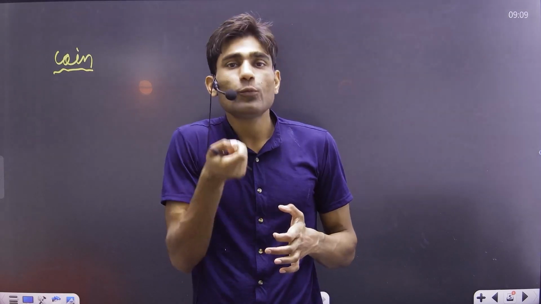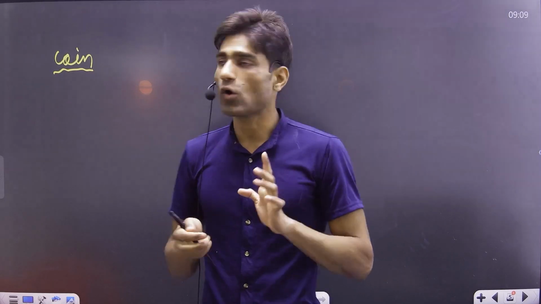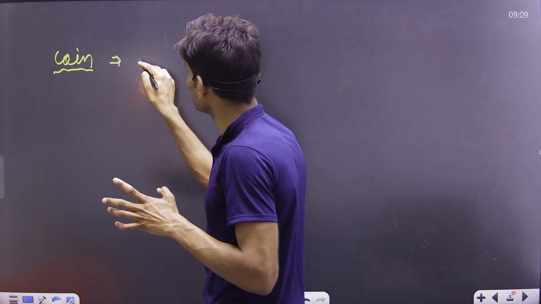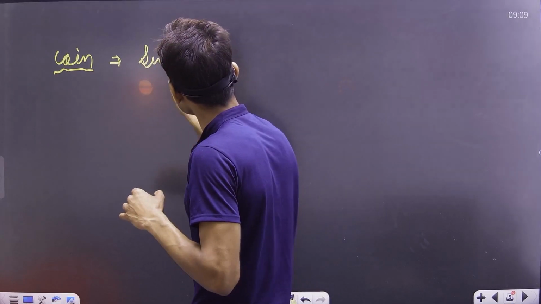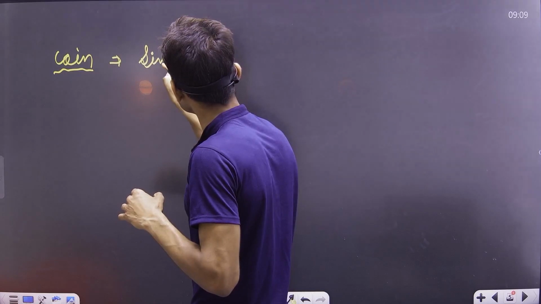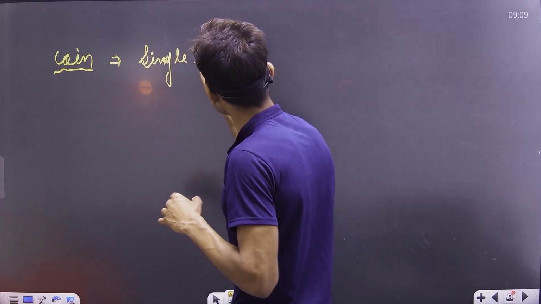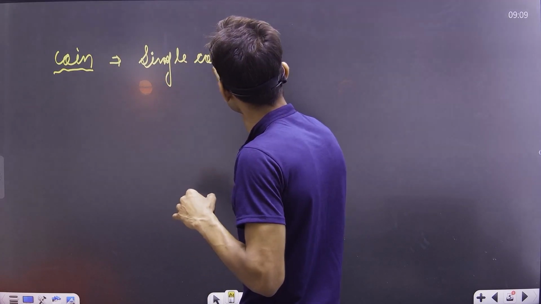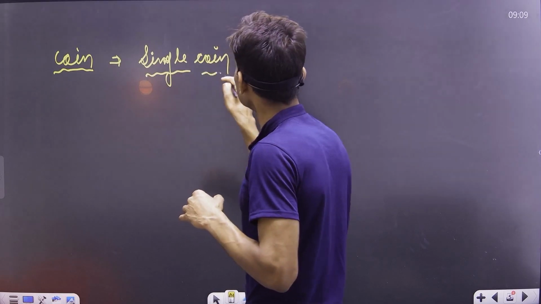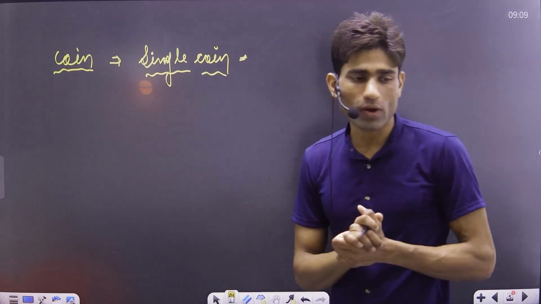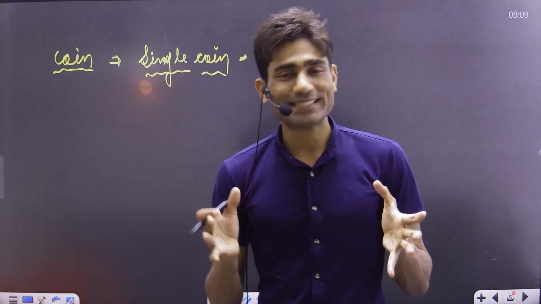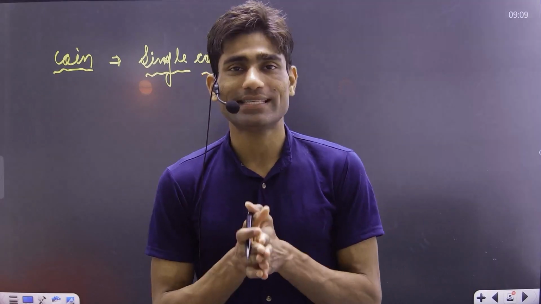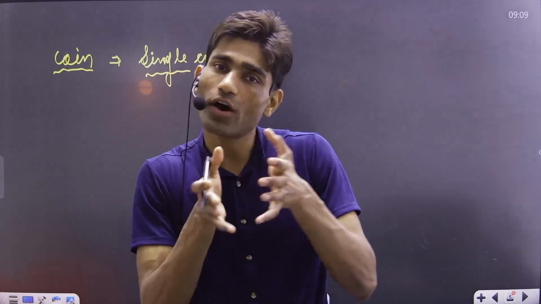Let me explain what happens if we toss a single coin. After tossing a single coin, we have two possible chances: it goes for the head or it goes for the tail.